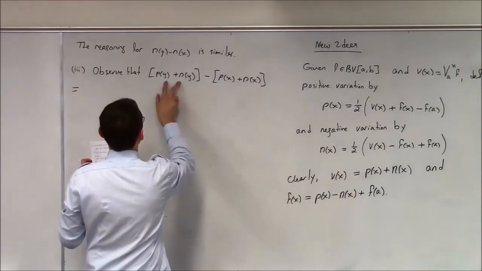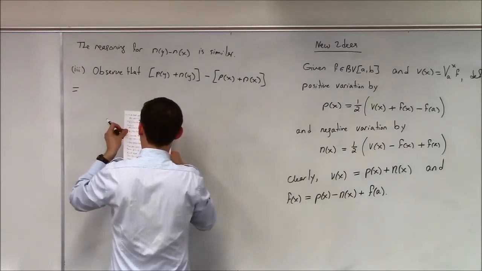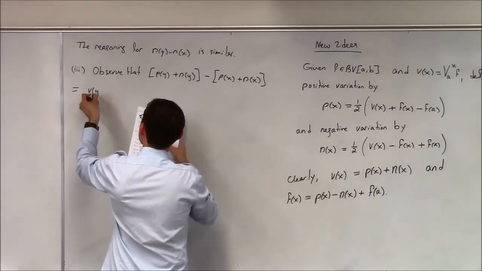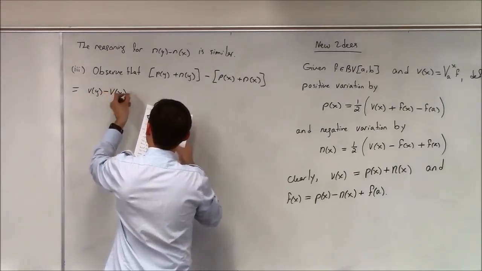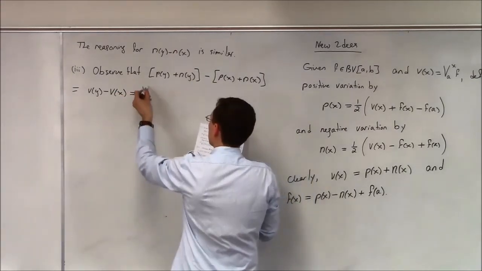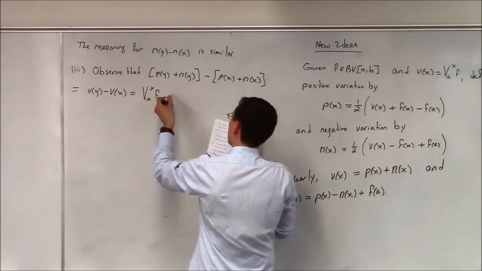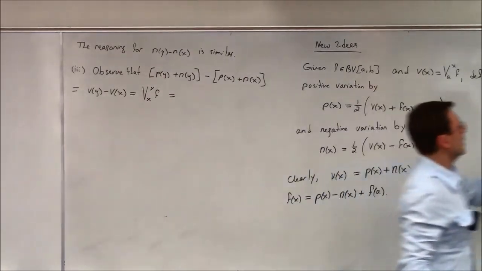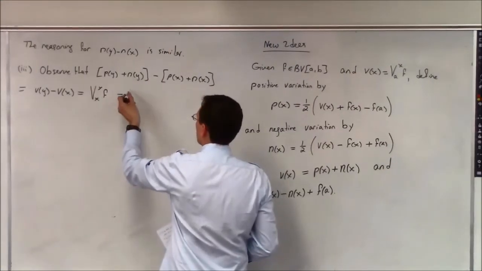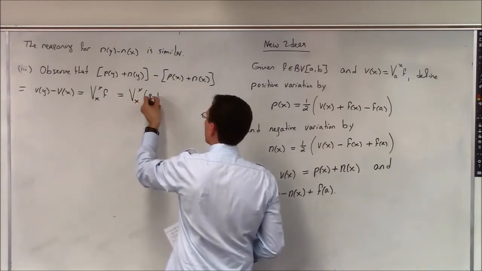The first thing in the square brackets is just the variation of y minus the variation of x. Now this is equal to the variation from x to y of f. By 3, g and h are the two increasing functions that represent f, so this is the variation from x to y of g minus h.